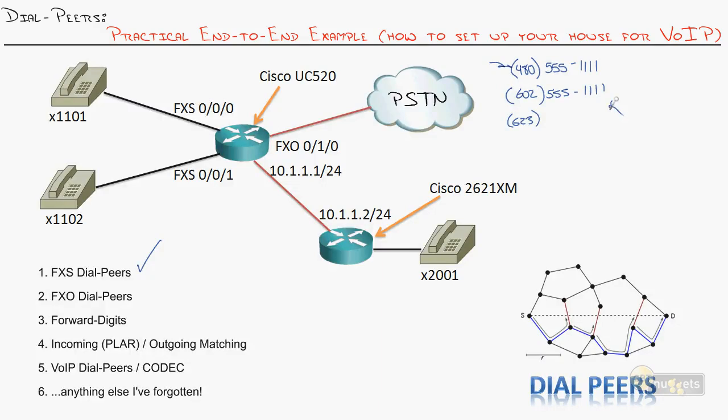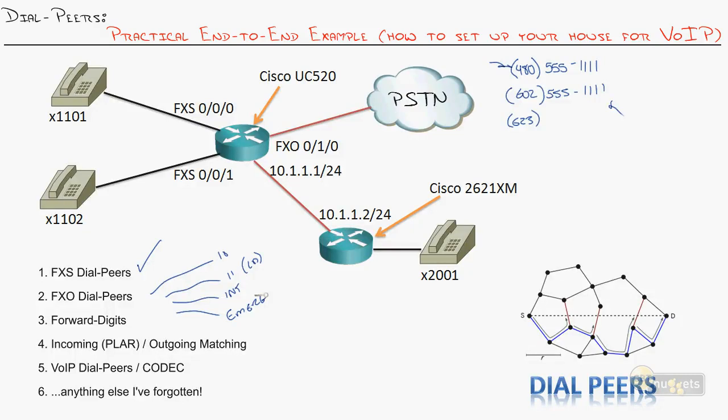So the first thing I'm going to do is create on here one dial peer for 10-digit dialing, one dial peer for 11-digit dialing, and by the way, this is considered long distance, one dial peer for international dialing, and then I'll add in one more for emergency calling, which we don't want to forget about.